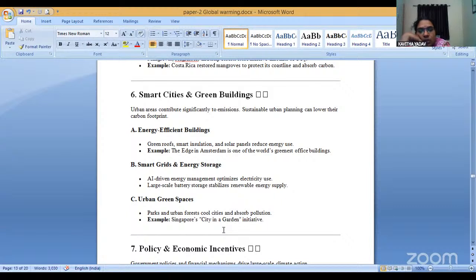Smart grids and energy storage: AI-driven energy management optimizes electricity use and large-scale battery storage stabilizes the renewable energy supply. Urban green spaces, parks, and urban forests cool cities and absorb pollution. Example, Singapore's City in a Garden initiative.